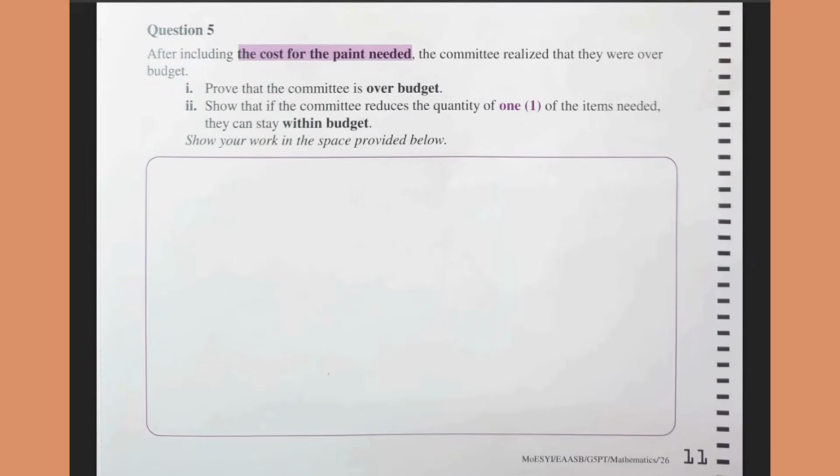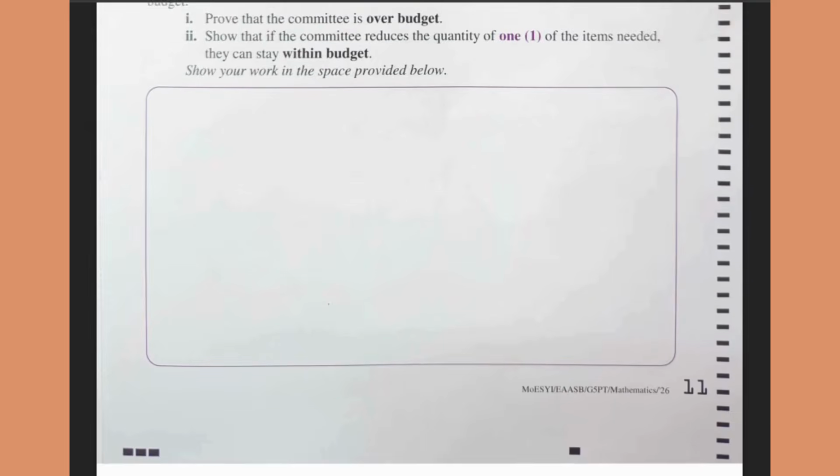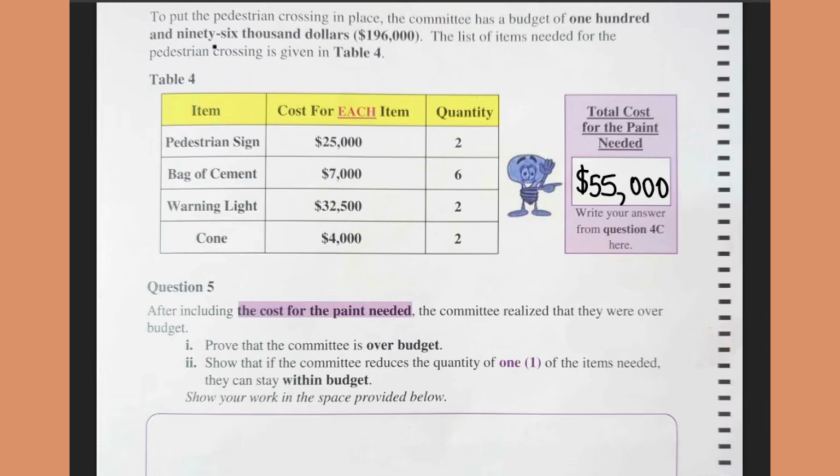Question 5 says, after including the cost for the paint needed, the committee realized that they were over budget. Number 1 says, prove that the committee is over budget. So we need to show that everything is going to add up to more than what they said they're willing to spend.